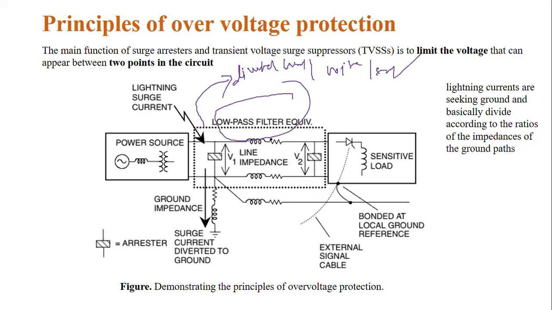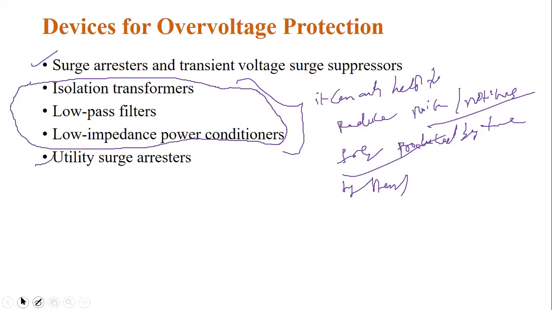So low pass filters, high pass filters, low impedance conditions and isolation transformers are not the solution for protection against lightning. The surge arresters, transient voltage suppressors and utility surge arresters are the main basic devices to minimize surge currents.